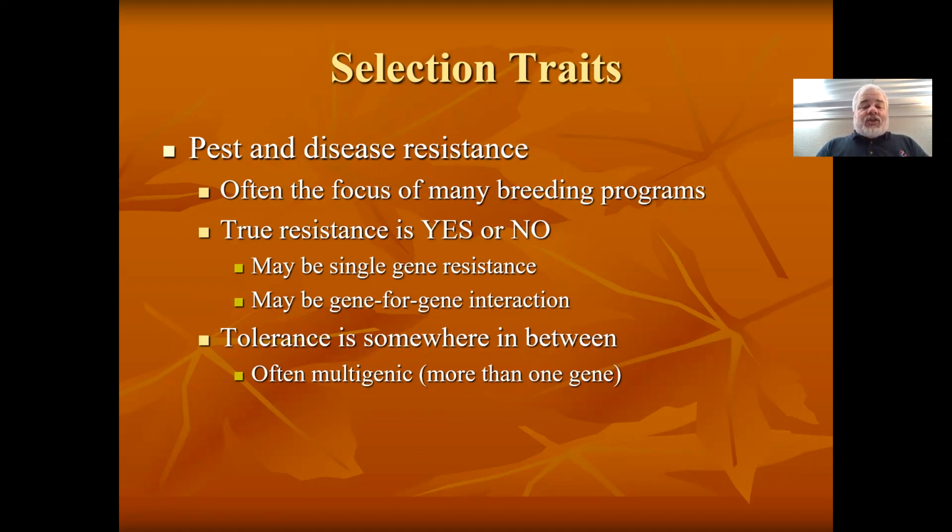But I've already mentioned this, true resistance is yes or no. It's either resistant or not resistant. And usually that's a single gene resistance. So there is one gene in the plant and one gene in the pathogen that might cause the disease, like a fungus, and they act like a lock and key.